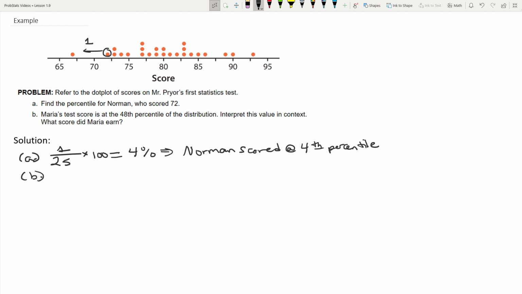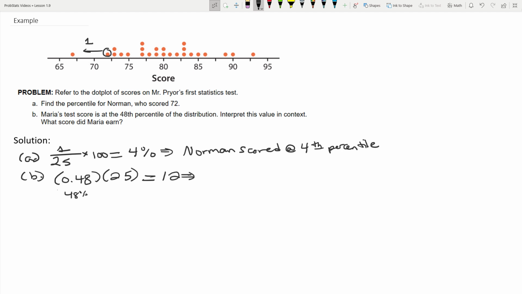For Maria's test score, in order to calculate this, well, we know that she's at the 48th percentile. So that means we have to convert that to a decimal. So 0.48. So this is the 48th percentile here. And then there are 25 test scores. In this case, this will be 12.